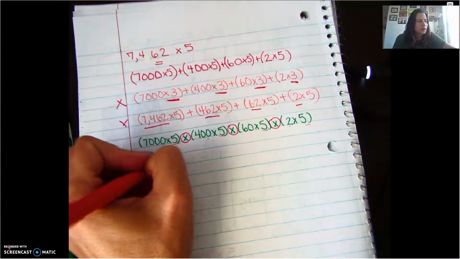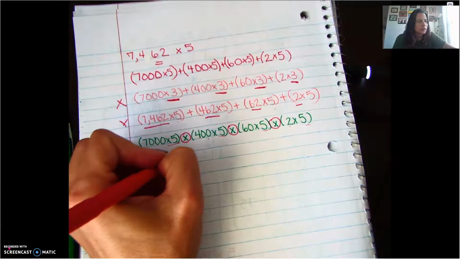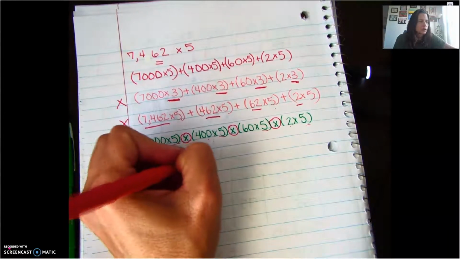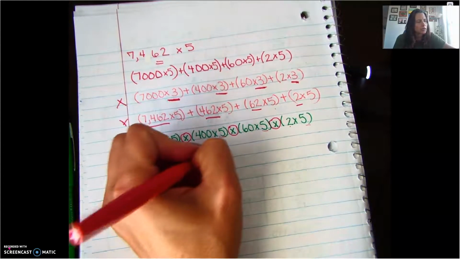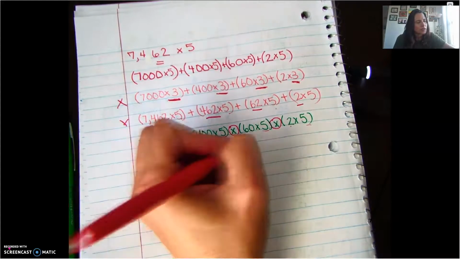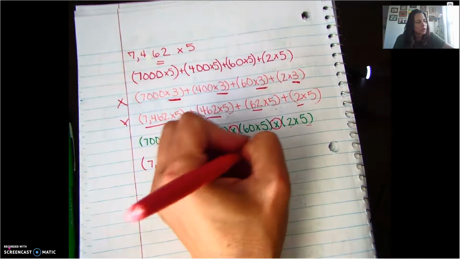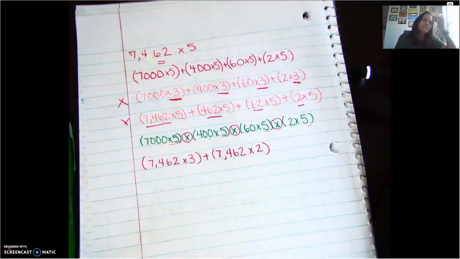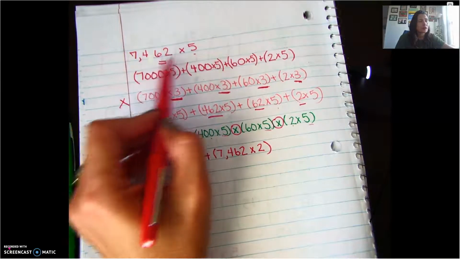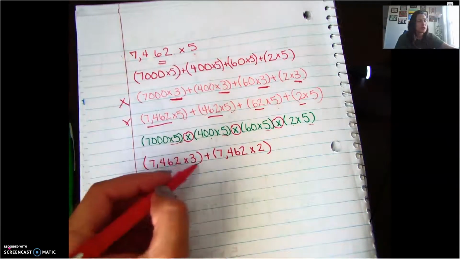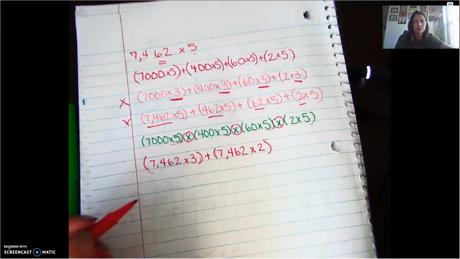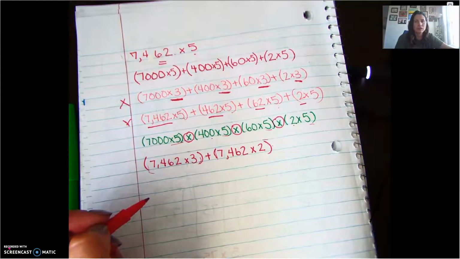So if I have 7,462 times 3 plus 7,462 times 2, what do you think? I need 5 groups of this. This one has 3 groups, and this one has 2 groups. Does that still equal 5 groups?